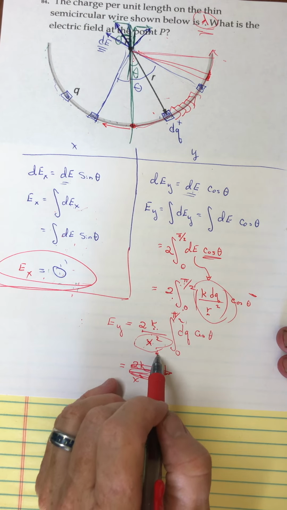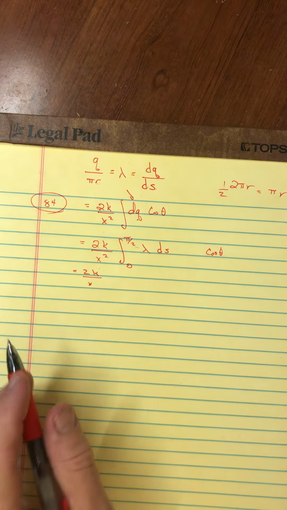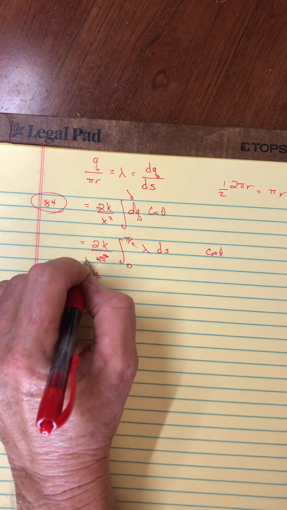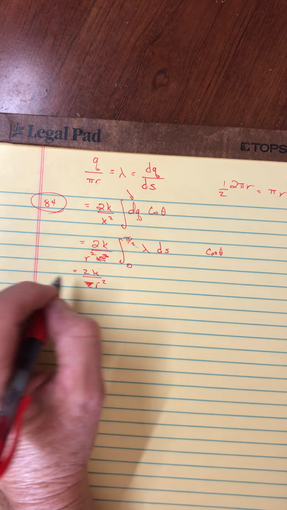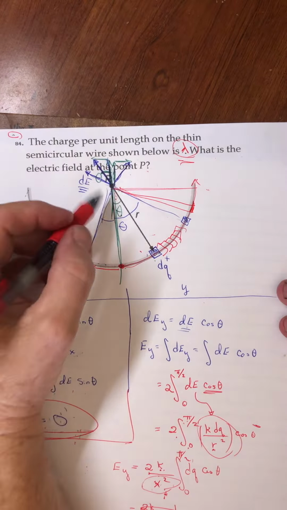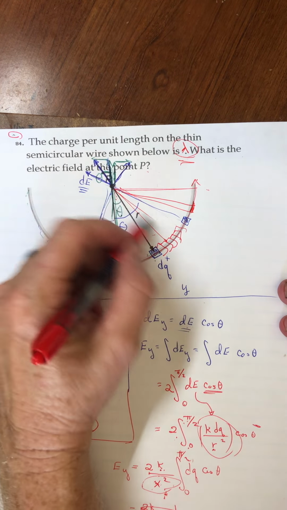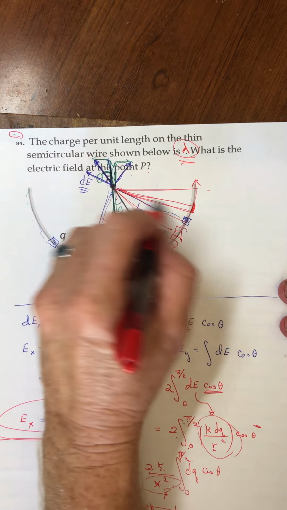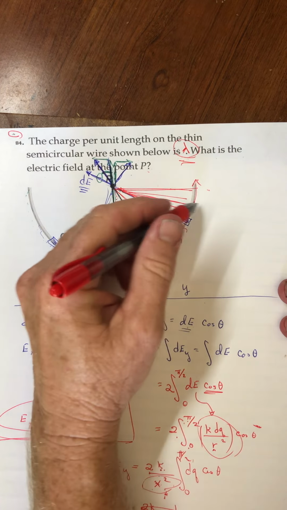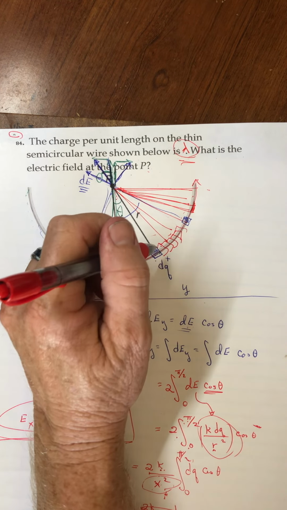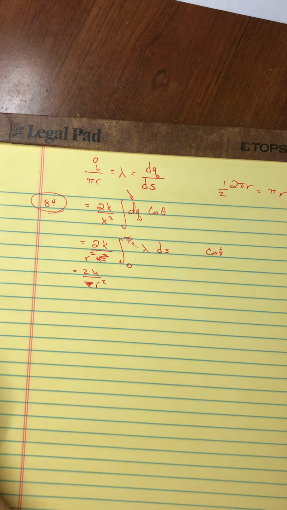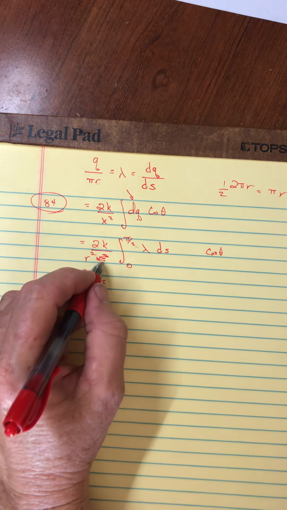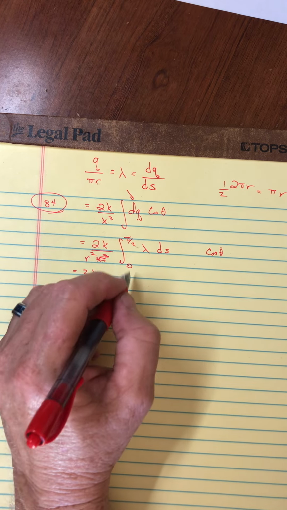And I see why I did the x, but let me call it r squared. Where r is this distance away, it is the radius. And that's what makes this problem nice, is that every chunk of charge has the same distance away. It has that r. Okay, so I should have called it an r.